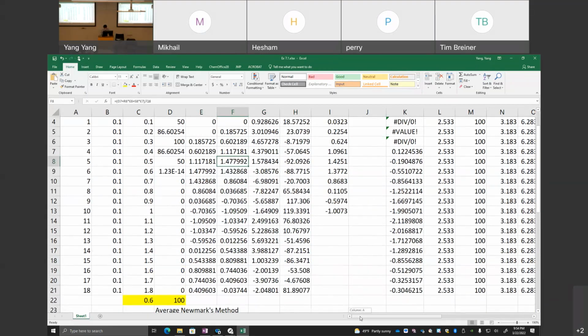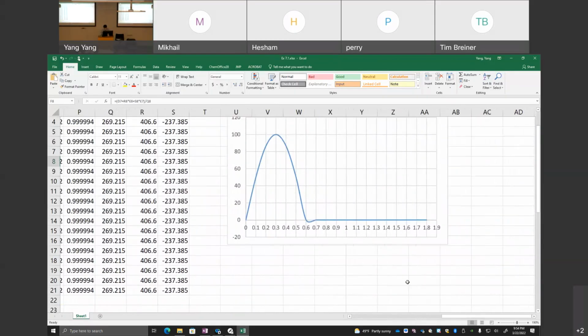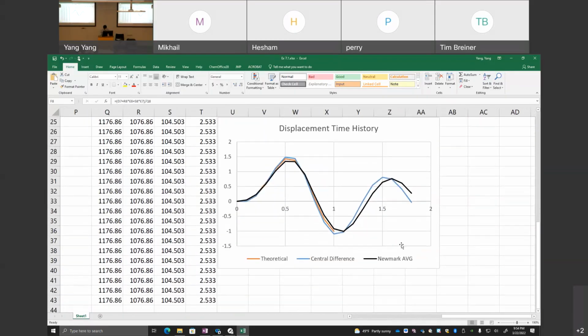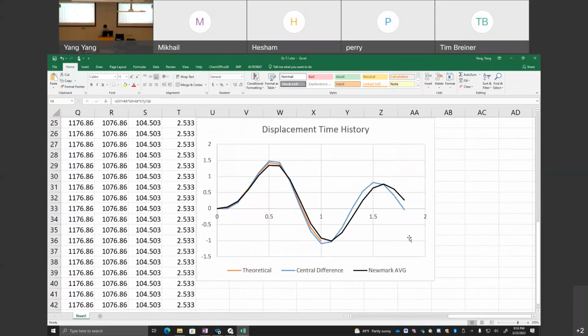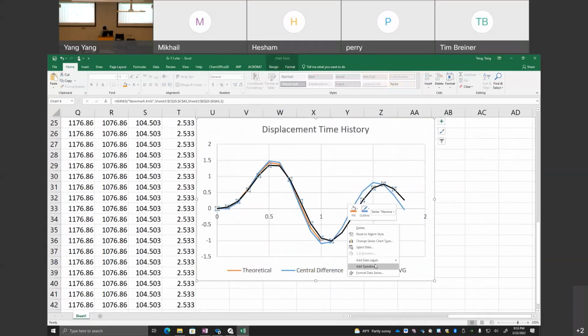After that, we can plot the result here, as you can see. This is the result of the central difference.